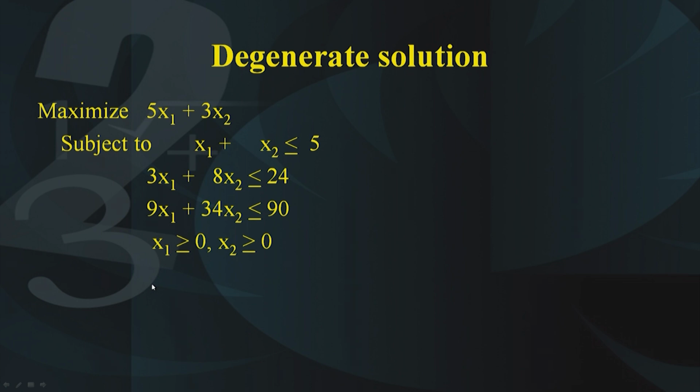So, this looks quite a normal kind of an LPP, but when you try to plot this LPP onto the two-dimensional space, you will find that it has a specific nature, and that is what we are going to do.